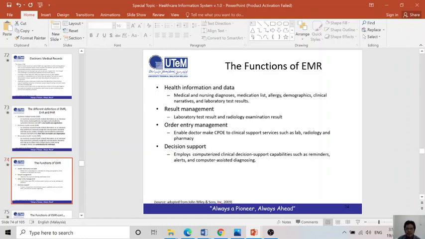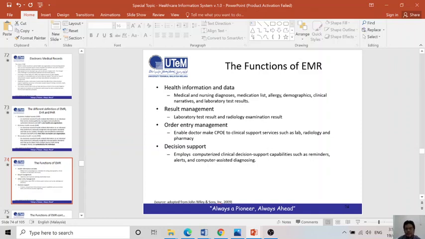So the EMR contains health information such as nursing diagnosis, medication list, allergy, demographic, clinical narrative, and laboratory test results. The EMR also keeps the results. So the EMR is considered a tool to manage results, such as laboratory test results and radiology examination results.